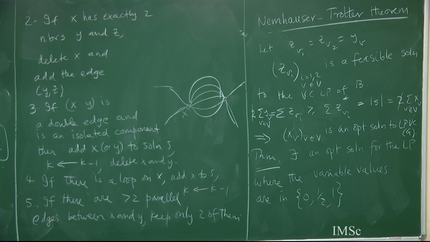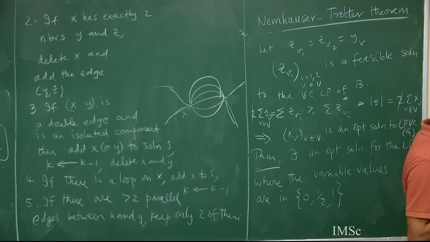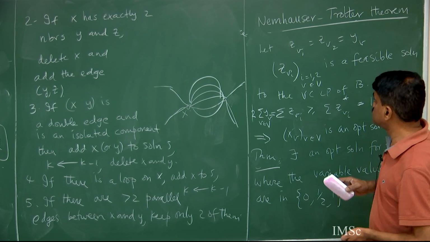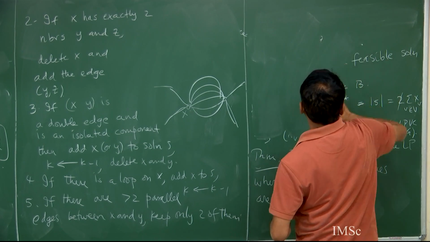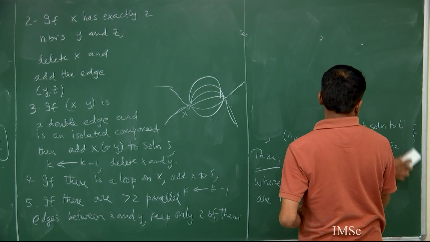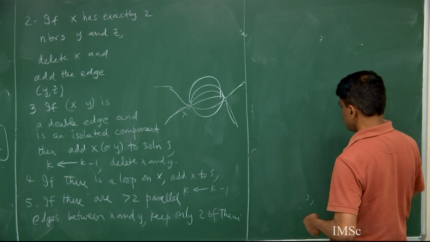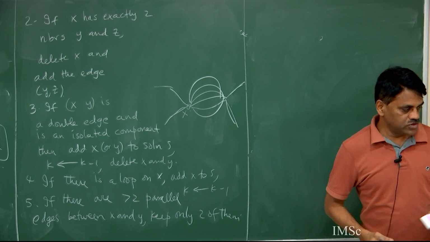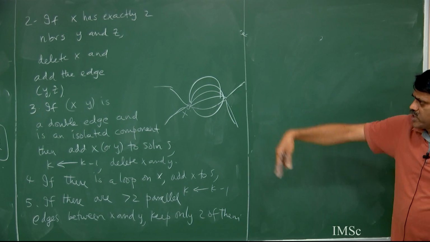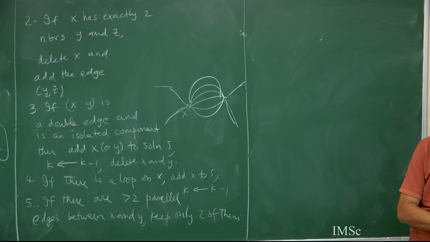Okay, so you can apply these rules. Now what happens to the minimum degree of the graph? You keep applying these rules as long as possible. What happens to the minimum degree?